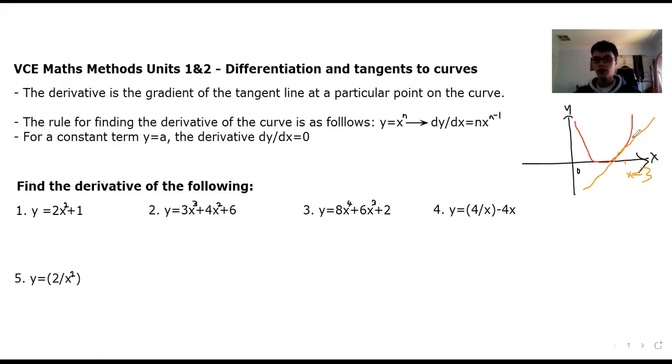This is the derivative of the curve at this particular point. This is basically what a derivative is for the tangent line. It's the gradient of the tangent line at a particular point on the curve. So like for this one, for instance. And let's pick another point as well.